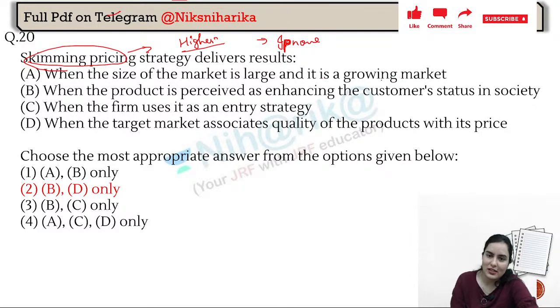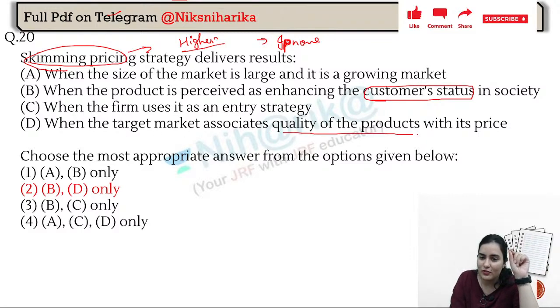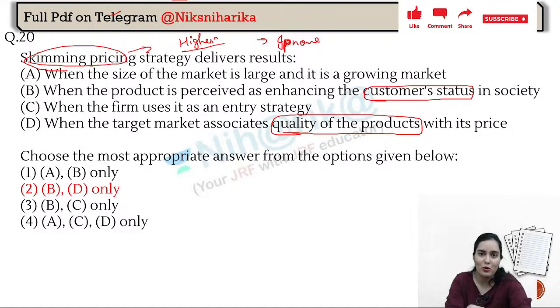Not necessary. iPhone was using the strategy from the inception till now. Then when the product is perceived to enhance the customer's status in society, it depends upon the customer status. Also, when the target market associates the quality of the product with its price, that higher the price, higher will be the quality. It is similarly applicable in case of gold too.